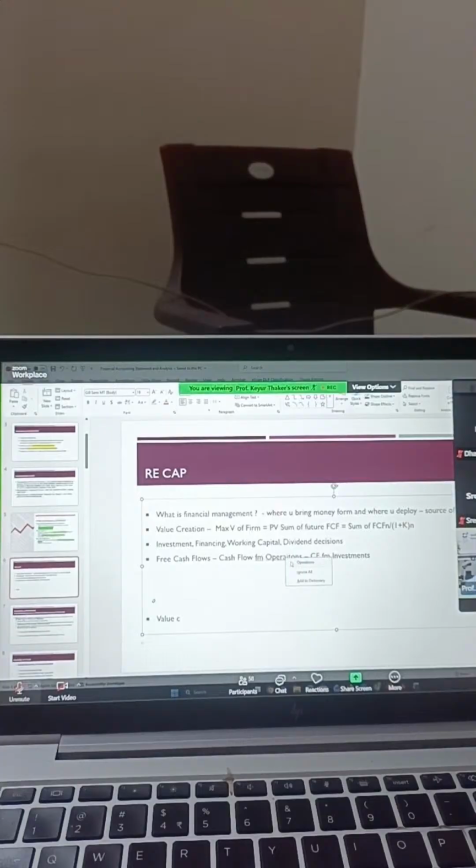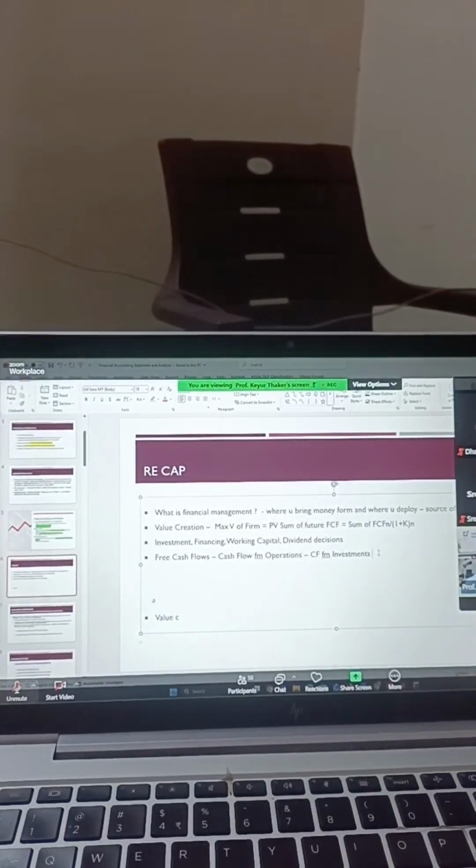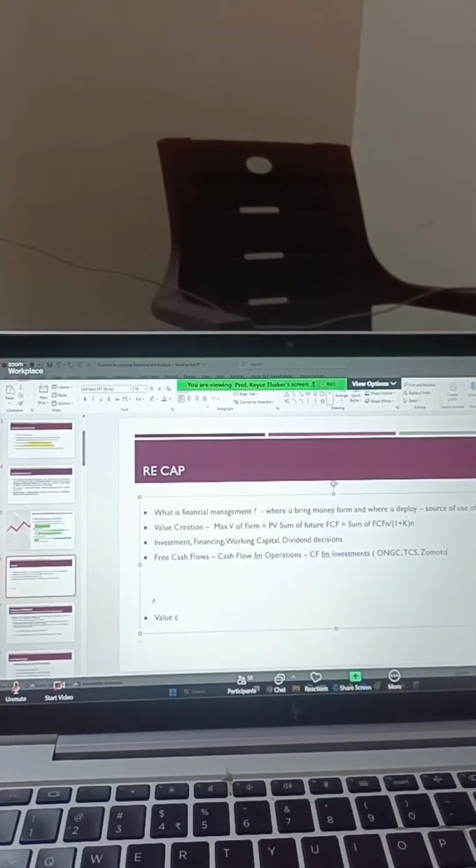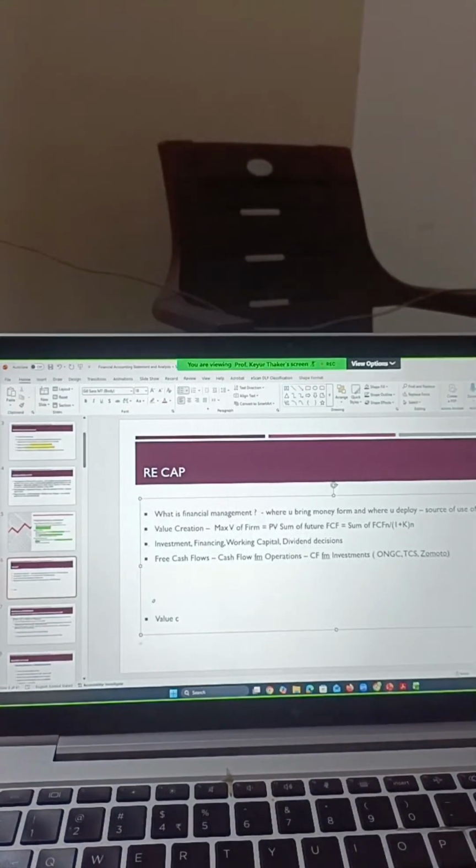And we tried to understand them in the context of ONGC, then TCS, and a startup. You can understand how the cash flow of these three different types of business will be different. And what are the three different types of cash flow?